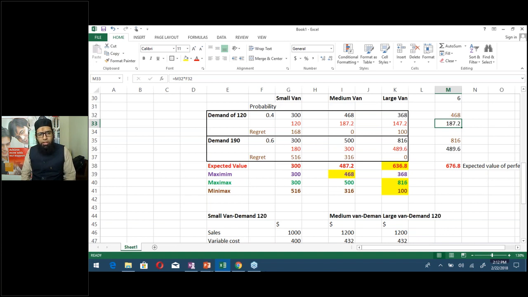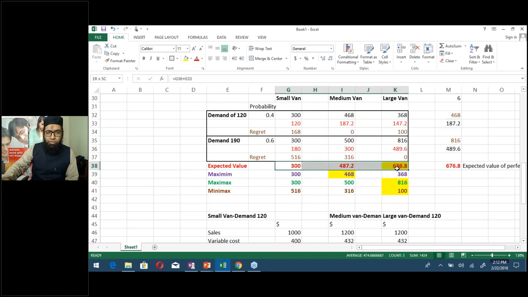Now we also require the expected value of imperfect information. All these expected values that we had calculated earlier were the expected values when the information was not perfect. So this is the expected value of imperfect information, and out of these, the highest expected value was the large van. That means the expected value of imperfect information will be 636.8.